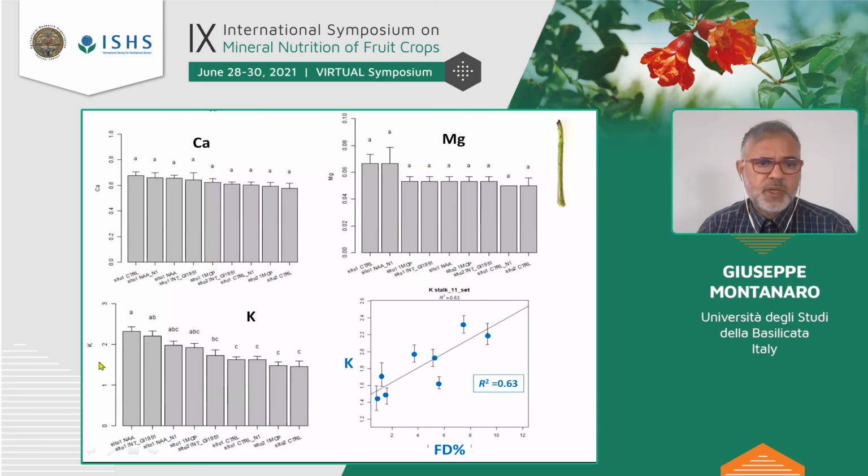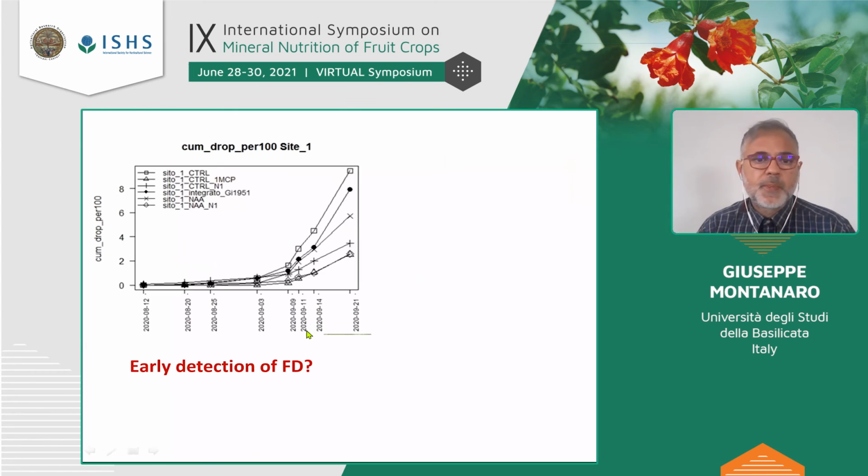While potassium here, you can see it changes across the various treatments, and the potassium correlates with the fruit drop incidence. So it seems that potassium nutrition of the stalk would be a key point to understand fruit drop.